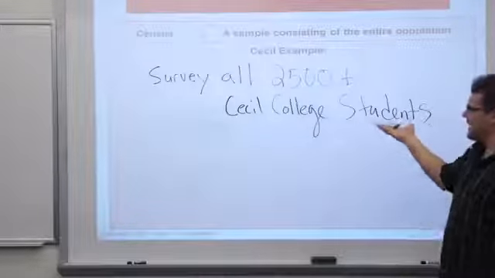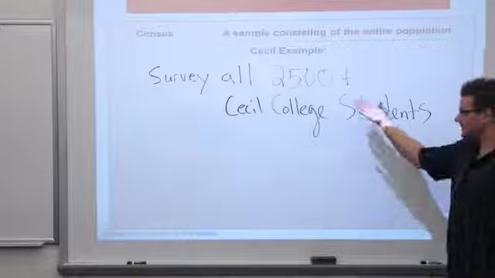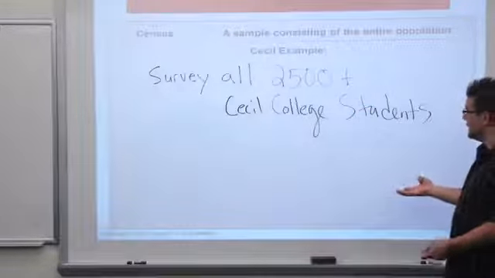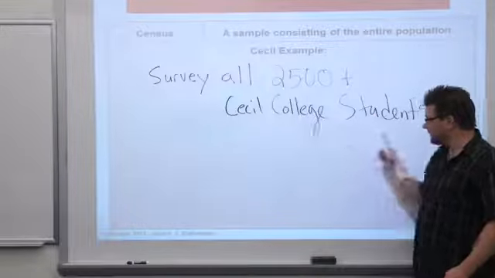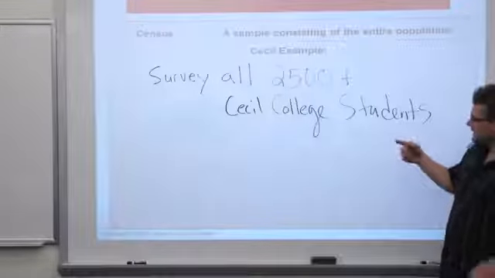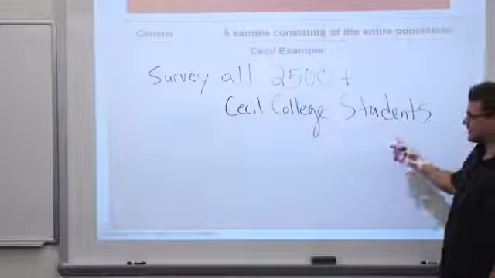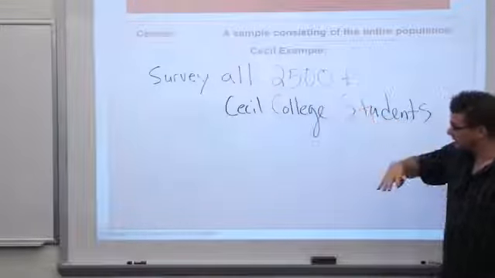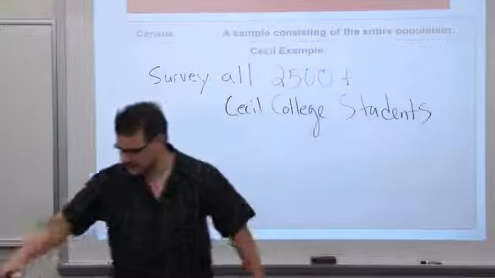I cannot even imagine how you would ever get a hold of all 2,500 plus Cecil College students to ask them whether or not they're using the gym. Okay, but a census would be, we'd have to get everybody. Clearly, to get a sense of are students using the gym, we really don't have to talk to everybody. So we'll go on to sampling. Okay. Next definition.